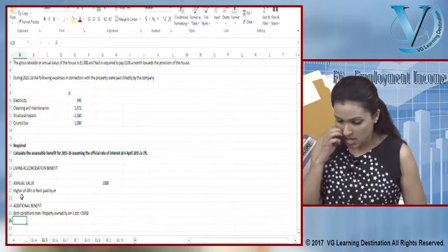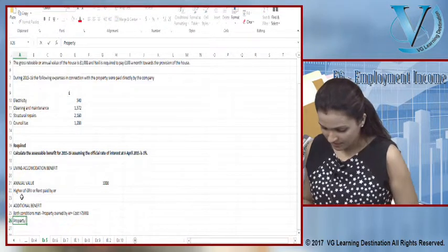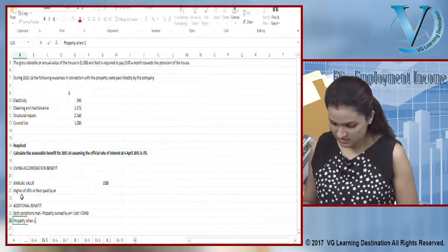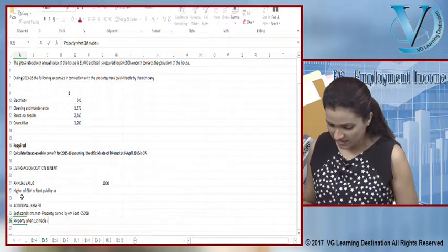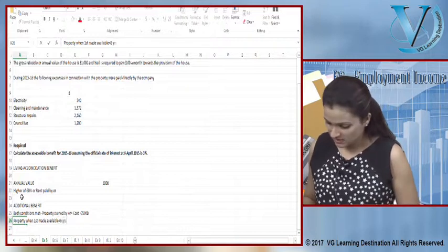What next do you do? This property, when first made available, has been less than 6 years.